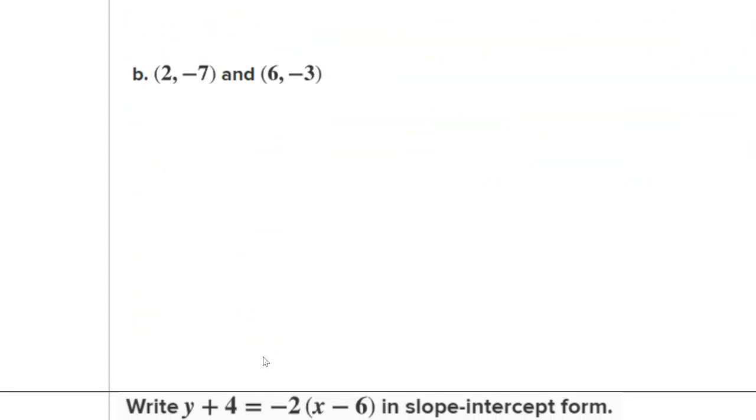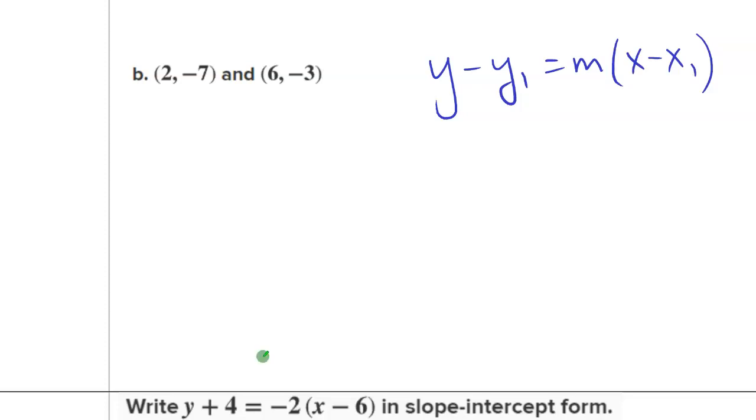Okay, let's try the one below it. The one below it is the same type of problem. We want y minus y1 equals m times x minus x1. We need to find the slope. That's the main thing. And then we're going to use a point here to plug it in. So we'll say this is x1, y1.